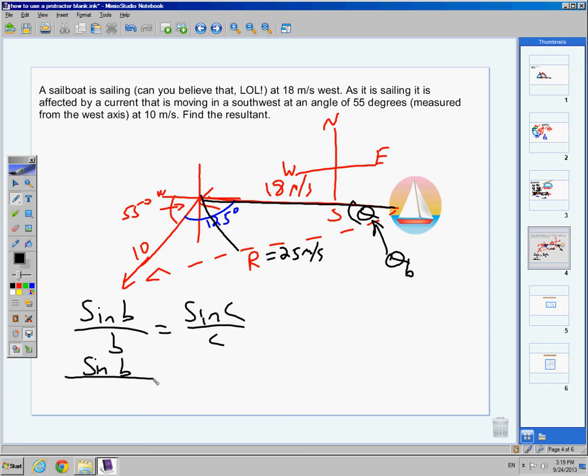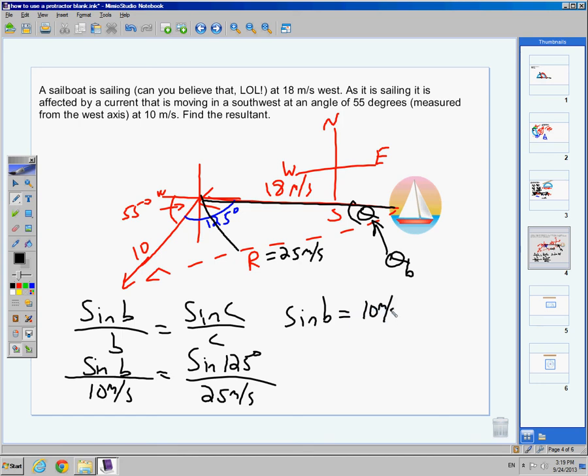And B itself is 10 meters per second equals sine 125 degrees over 25 meters per second. So I have sine B equals 10 meters per second sine 125 over 25 meters per second.